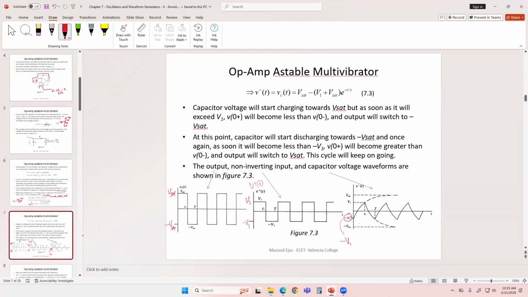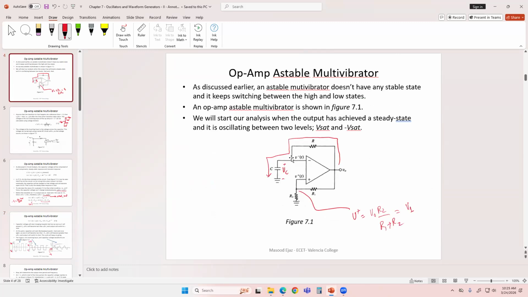However, as soon as it hits the value V1 and exceeds that value just a little bit, the value at the inverting terminal is going to become more than the non-inverting terminal, because right now the value here is VSET, and then this is charging from negative V1 to VSET.